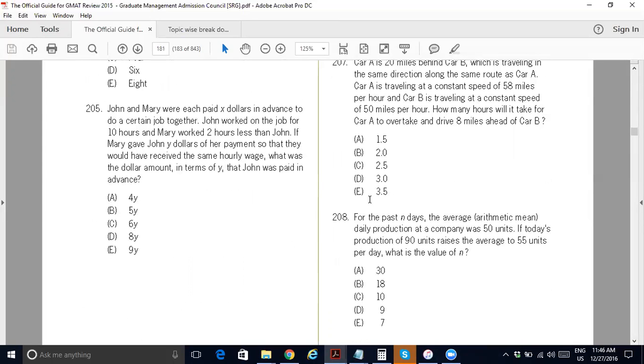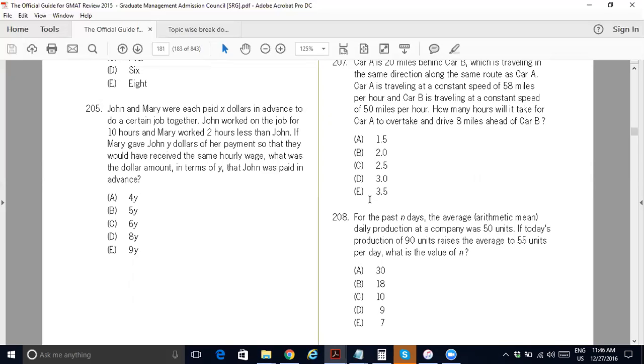Okay, how will you do question number 208? I would be thinking about this, that it raises the average to 55 units, right?